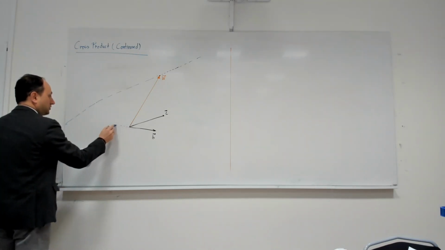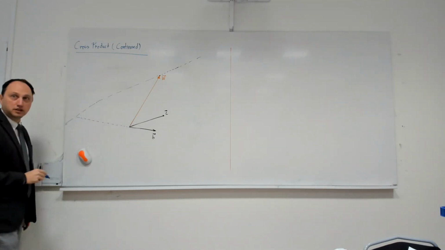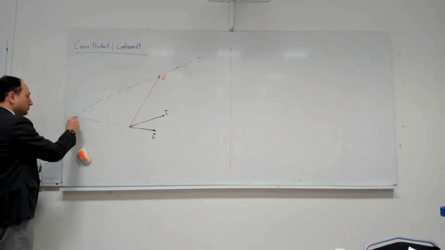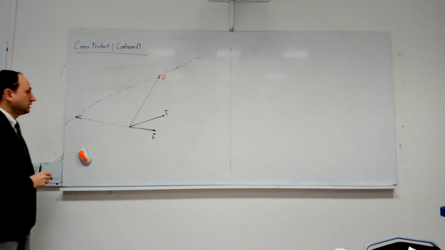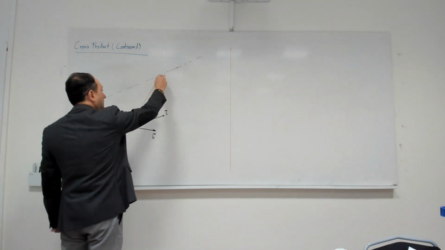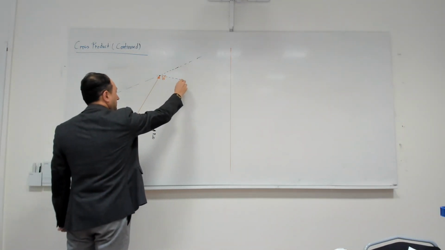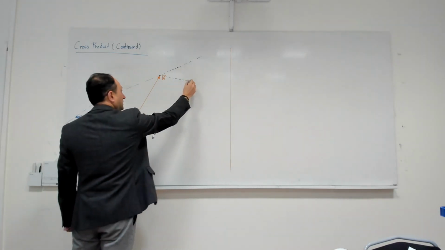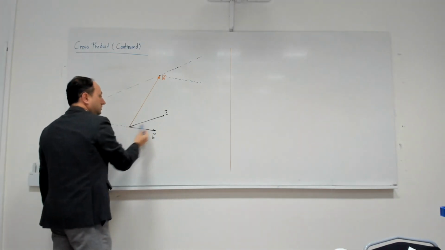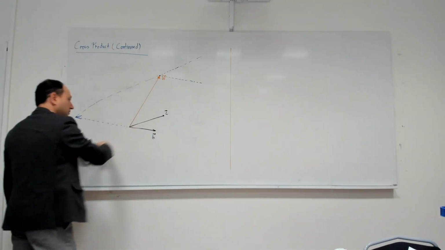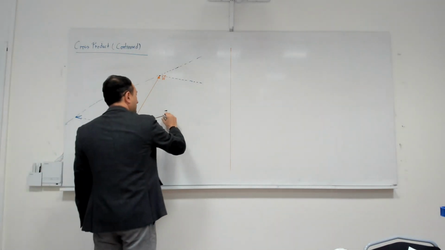This, I should continue up to here, and then I find the intersection point. This is one of my vectors that is going to play the role. And then here, I will draw another line parallel to this one, but this time I will continue it in a way that it will intersect this one. But if I continue this way, it will not work, so I have to continue in that way.